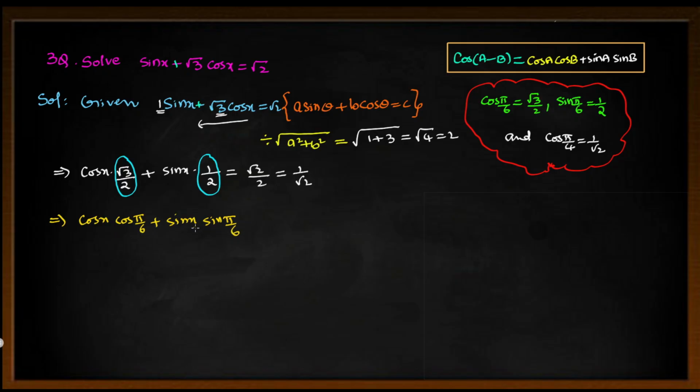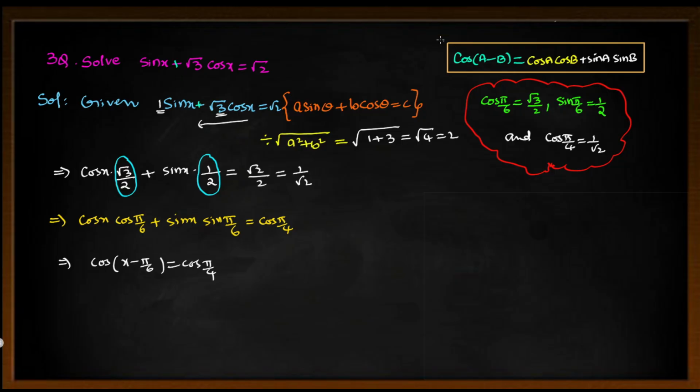And this 1 by root 2 again in terms of cos we can write as cos pi by 4. So this is in the form of cos a cos b plus sin a sin b, which is cos of a minus b. So x minus pi by 6 equals cos pi by 4.